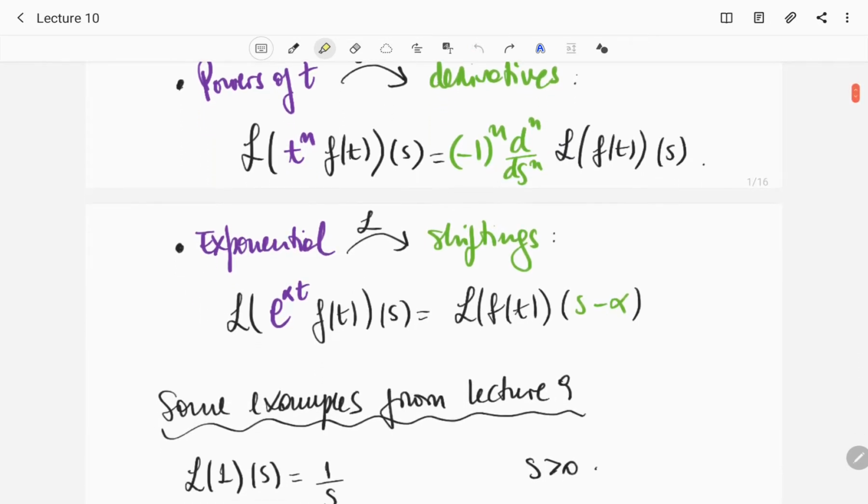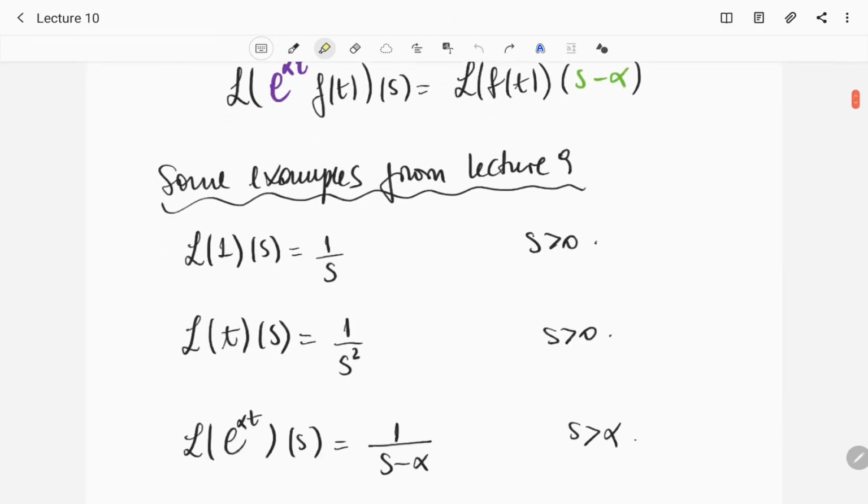Other property, that exponential functions go to shiftings, meaning that we want to compute the Laplace transform of a function f times an exponential. So these go to the Laplace transform of f, and the effect that this exponential function makes is this shifting here, minus alpha.